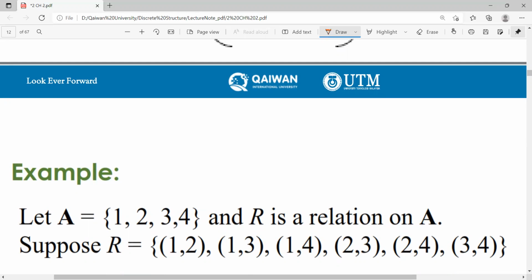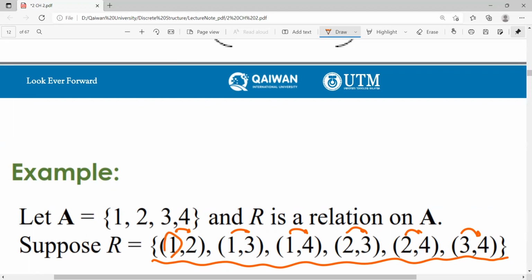Okay, this is the relation. What's the definition of the relation? We must find it. It's 1 and 2, 1 and 3, 1 and 4, 2 and 3, 2 and 4, 3 and 4. So what's the relation between first elements and second elements? These are first elements and these are second elements. What's the relation between these?